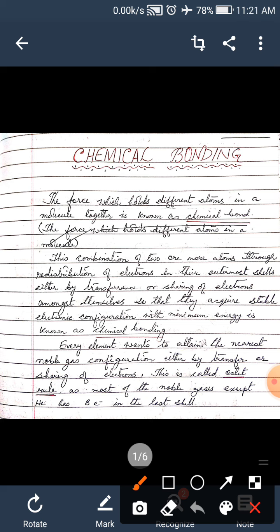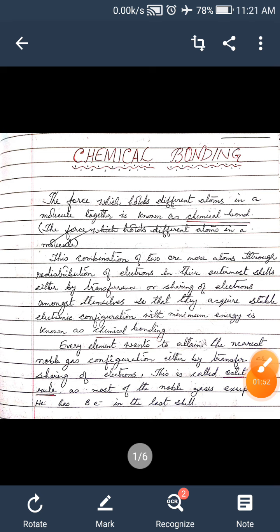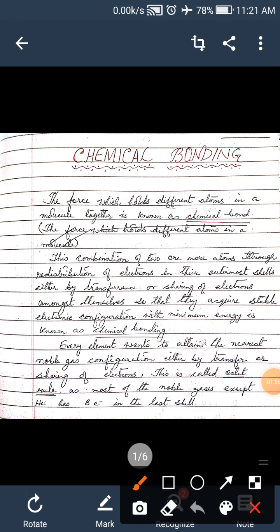This combination of two or more atoms through redistribution of electrons, this word is very important, redistribution. You see, we have used here the word redistribution.